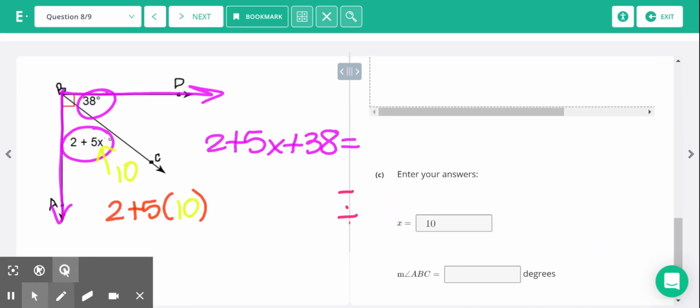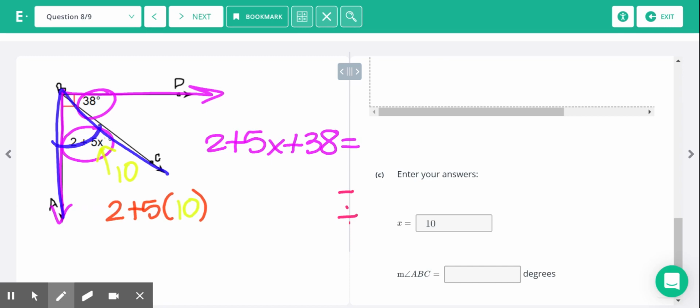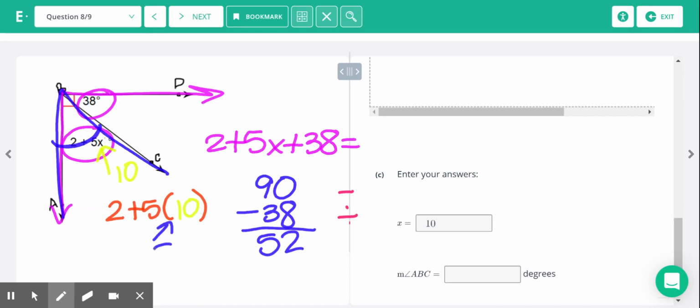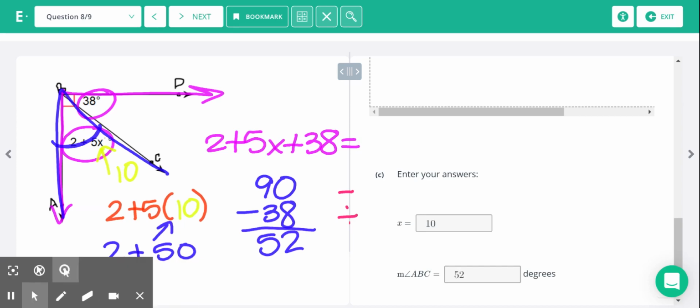The final question asks, what is the measure of angle ABC? This is one part of the bigger angle, which is 90. So I can do 90 minus 38 to get ABC, which is 52. Or I can substitute in 10 and get 50 plus 2, which is also 52.